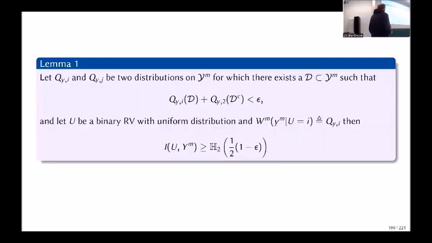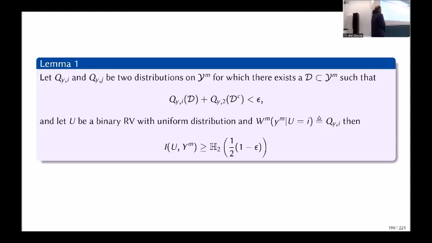And we use the following lemma, that's the generalization of one lemma of Ahlswede and Csiszár. If we have two distributions on Y^n, then there exists a decoding set V such that Q_Y1 of V plus Q_Y2 of V-complement is smaller than epsilon.